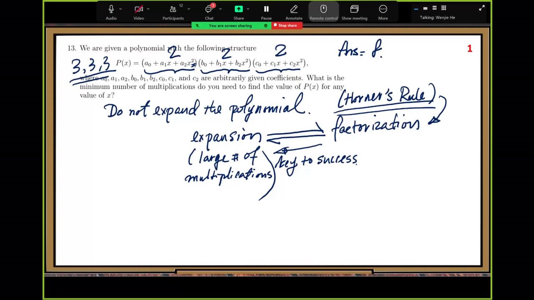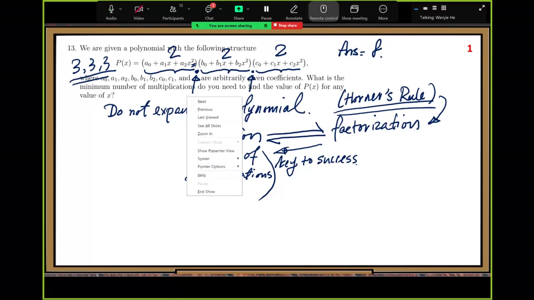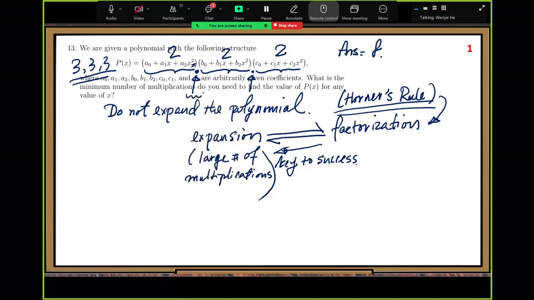Then for the last two, you need to find the product of all these numbers. After the 3 pairs, you need to do 2 more. I think those students who gave me 6 multiplications didn't count these last 2.